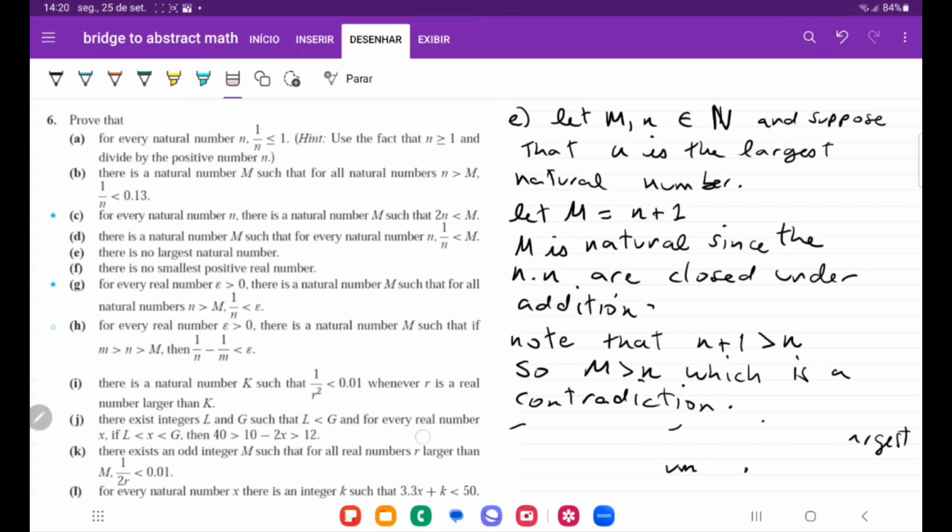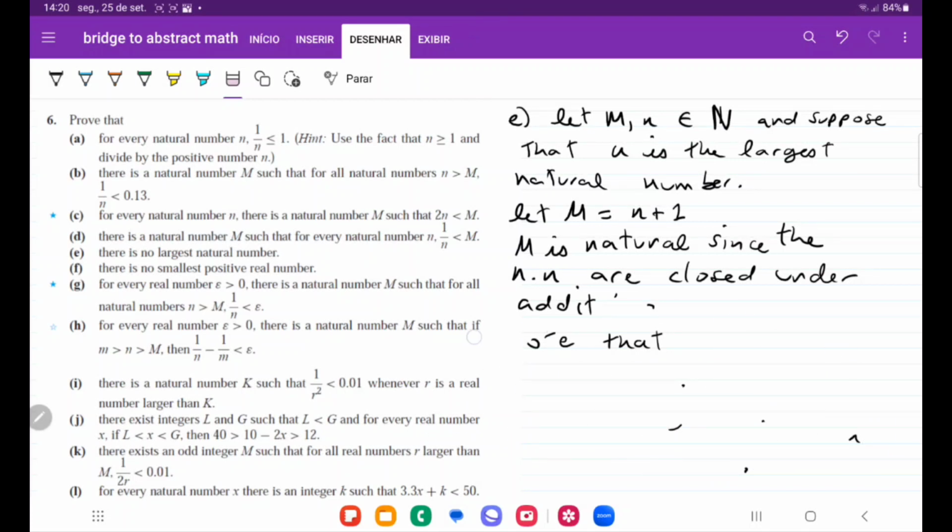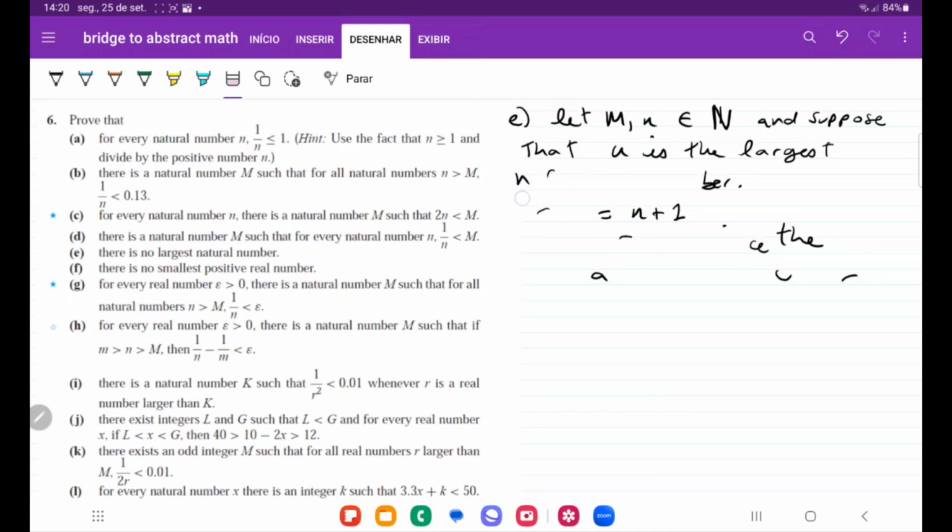So similarly for item F, it's asking us to prove that there is no smallest positive real number. And we're going to prove it the same way, by contradiction.